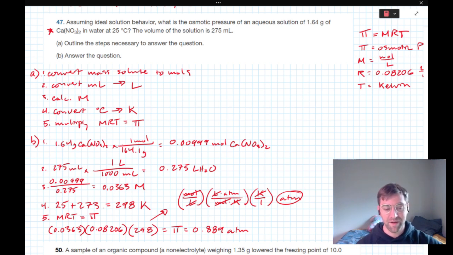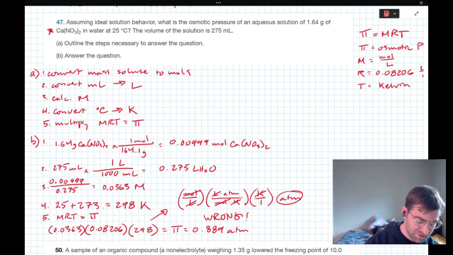Now, if you thought we were done, you would be incorrect. Because remember at the top of this worksheet, we talked about how the number of species, the total concentration of the solutes, matters more than the identity. And we are dealing with a soluble ionic compound in water.